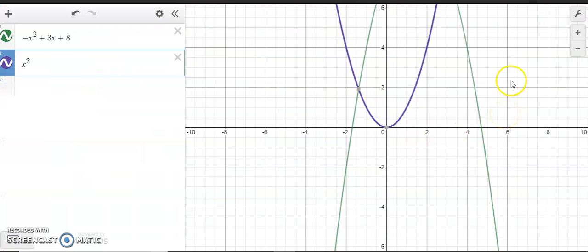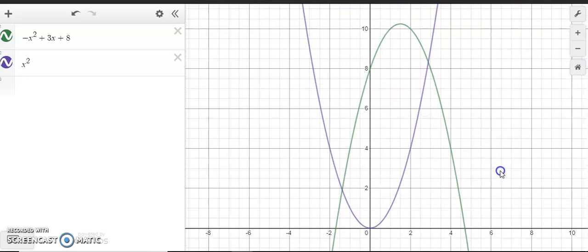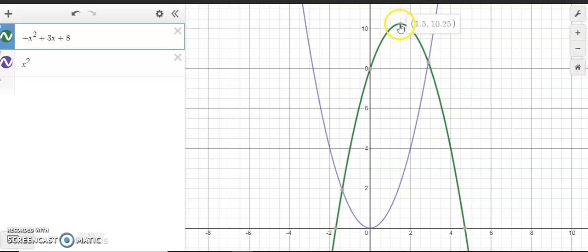The other thing I want to do real quick is look at this graph of the equation we were just given compared to the regular x squared parabola, our parent function. We'll notice that with the negative on the x squared, our graph was flipped, or reflected. And then we'll notice that the vertex point was shifted to 1.5 and 10.25, which is of course 3/2 and 41/4.